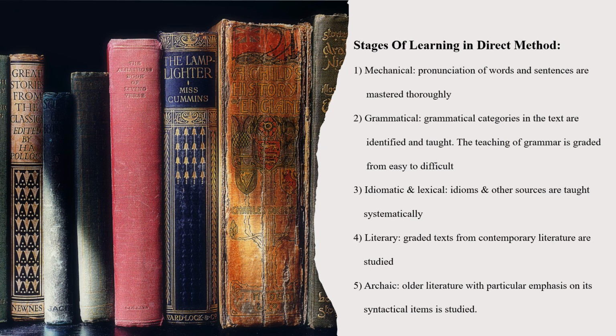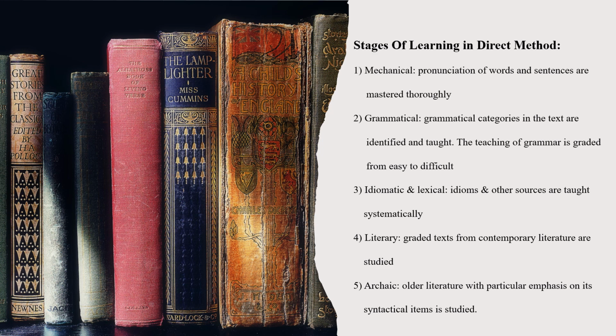Now we are going to see the different stages of learning in the direct method. There are five stages: mechanical, grammatical, idiomatic and lexical, literary, and archaic. Mechanical is where pronunciation of words and sentences is mastered thoroughly. In grammatical, grammatical categories in the text are identified and taught. The teaching of grammar is graded from easy to difficult.